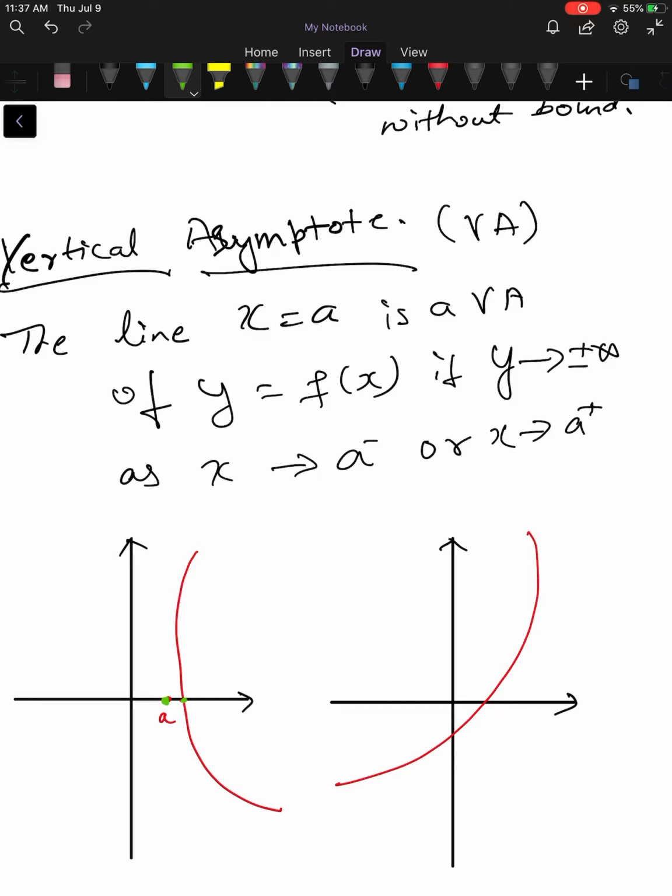The functional values are increasing a lot with a small change in x value, right? If you approach a from the positive side, that would be a plus, and if you approach from the negative side, that would be a minus, or from the left or right side.